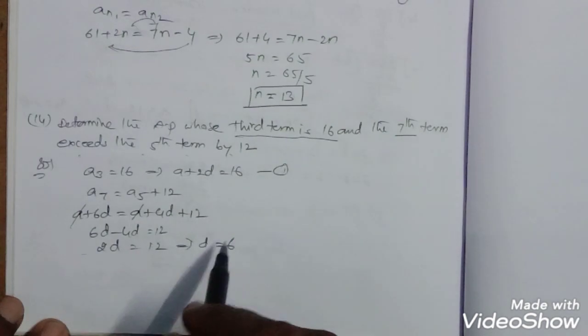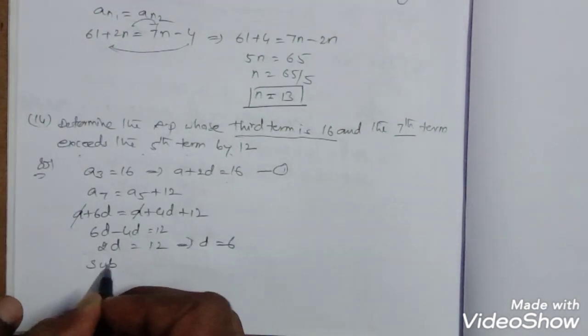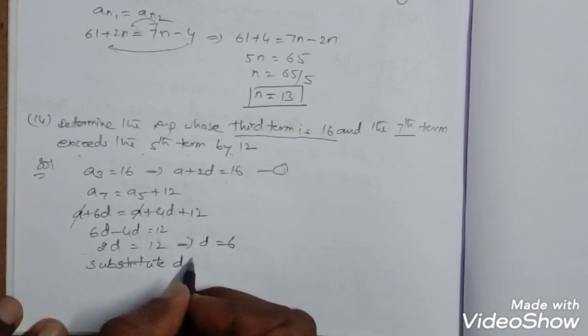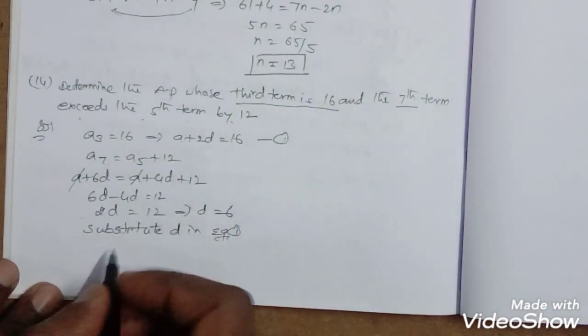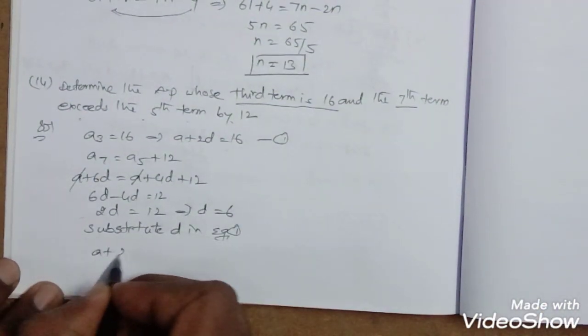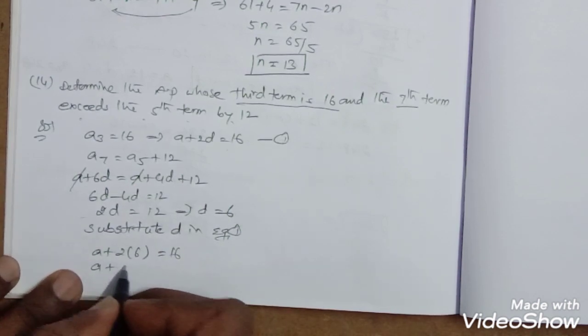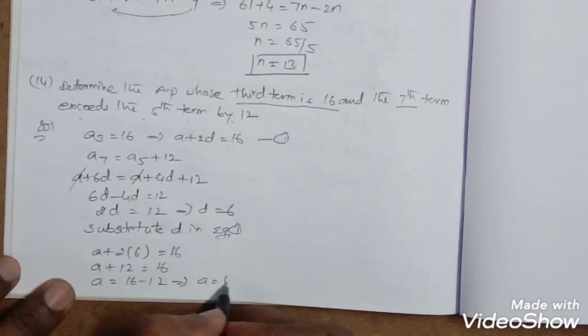Now after finding the value of d, substitute d in equation number 1. If I substitute d in equation number 1, you will get a plus 2 into 6 is equal to 16. Now a plus 12 is equal to 16. So a is equal to 16 minus 12, which is a is equal to 4.